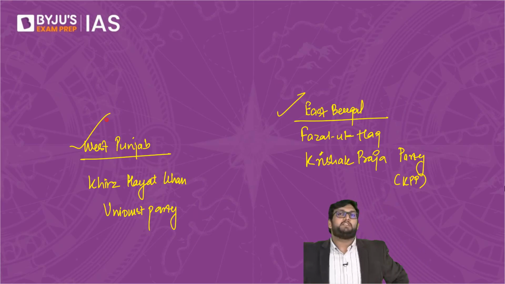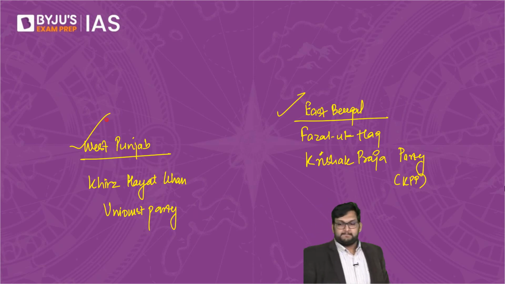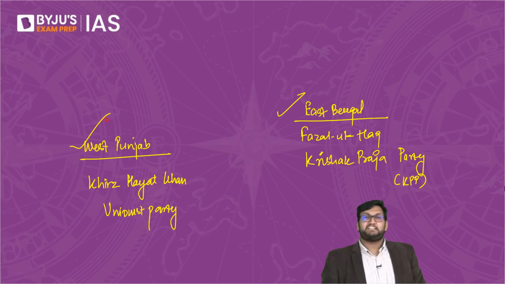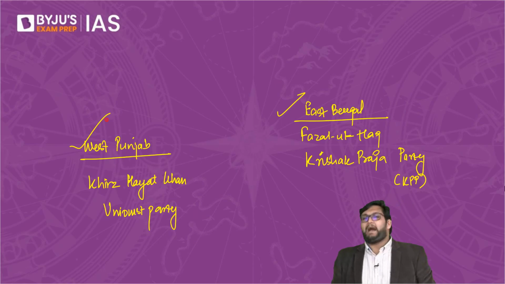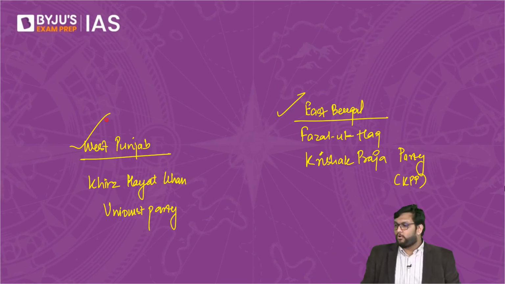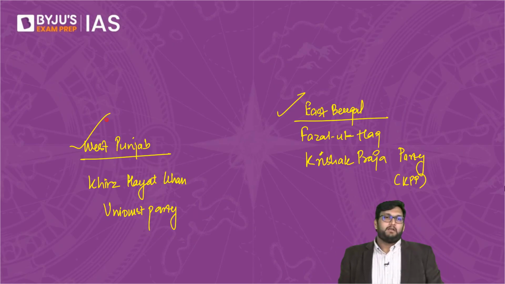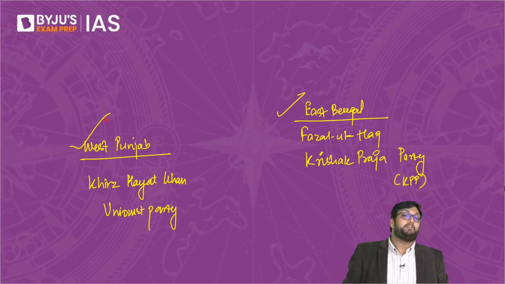What is common to these two is they both hated Jinnah, literally hated Jinnah. Fazlul Haq used to say that you are not even a true Muslim. Asking for Pakistan, are you Pak yourself, which is so holy that you talk about? Fazlul Haq used to hate Jinnah and Khizr Hayat Khan used to not even acknowledge Jinnah.